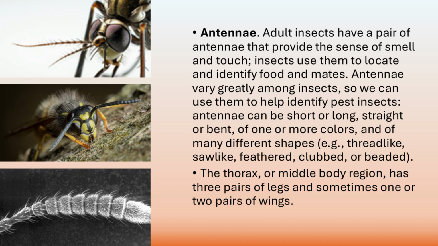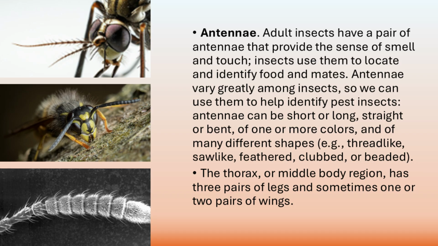Antennae. Adult insects have a pair of antennae that provide the sense of smell and touch. Insects use them to locate and identify food and mates. Antennae vary greatly among insects, so we can use them to help identify pest insects. Antennae can be short or long, straight or bent, of one or more colors, and of many different shapes, e.g. thread-like, saw-like, feathered, clubbed, or beaded.